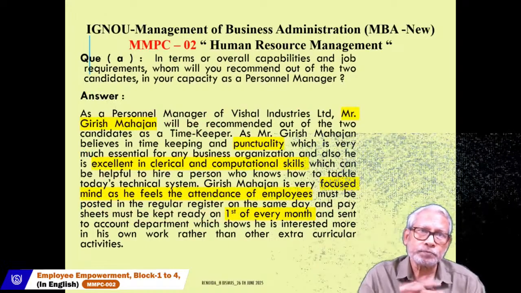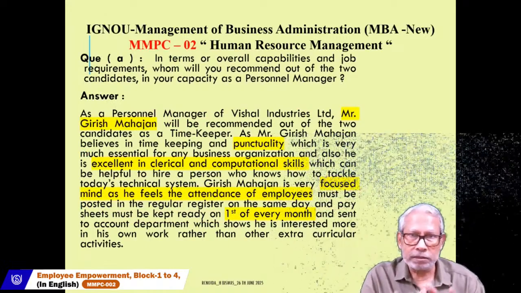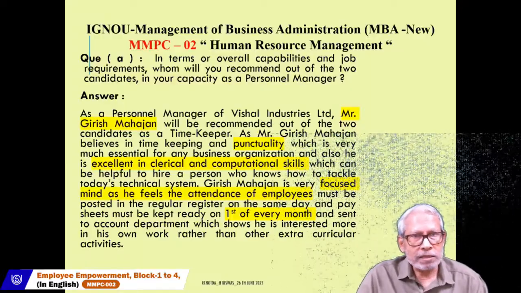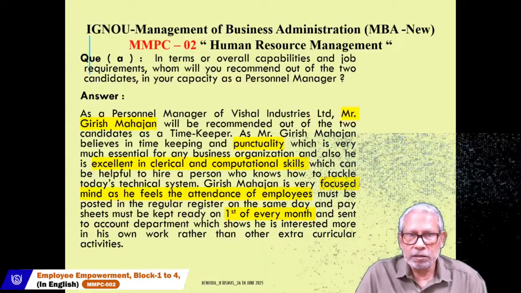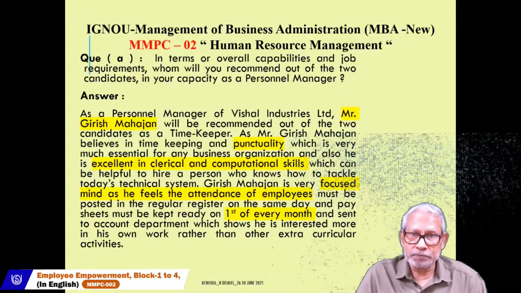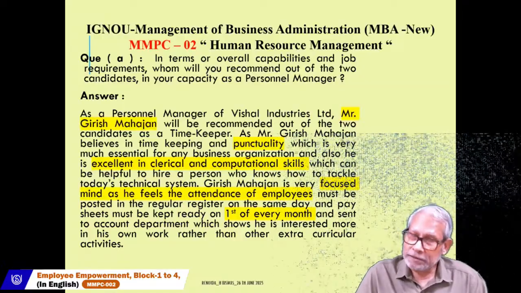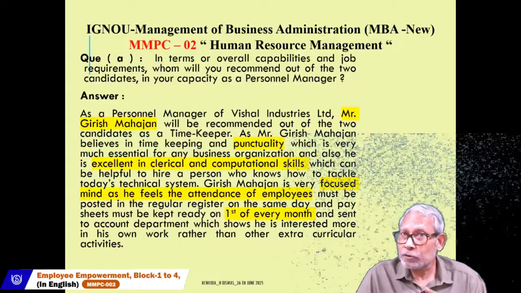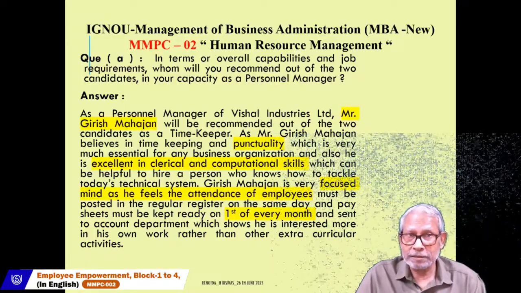First question, in terms of overall capabilities, who do you recommend? The answer: as a personal manager of Visual Industries, Mr. Girish Mahajan will be the one recommended out of the two candidates. Even though he is argumentative and short tempered, why is he important?